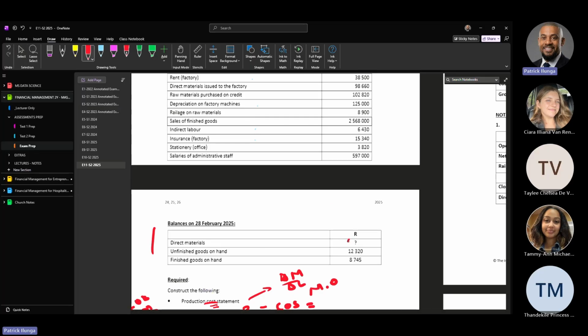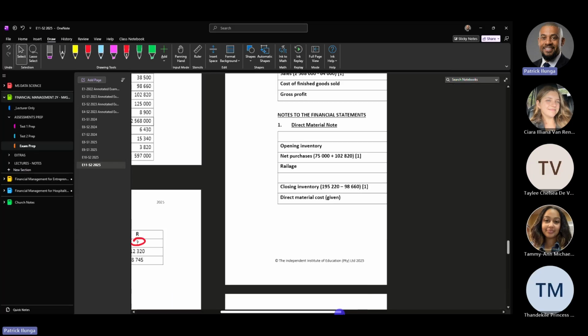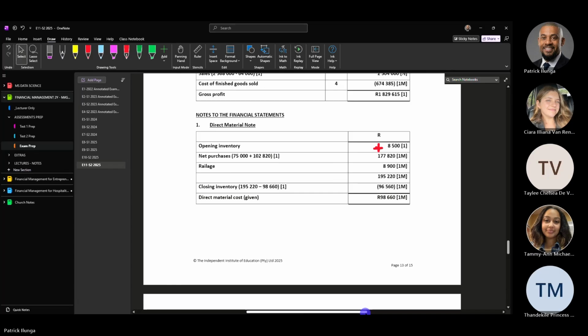This is a sign that you will need to find what the closing balance is. Are you guys understanding? Every time you see a question mark, don't neglect it. You need to find it.